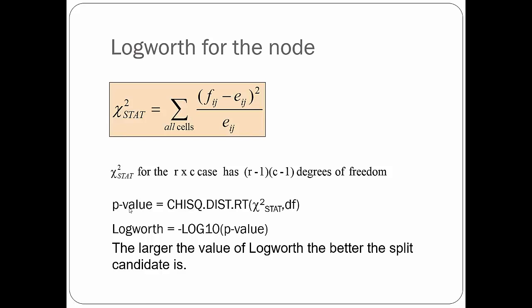So you put the p-value into a logarithm with a negative sign, and that is Logworth. So what happens is it has the opposite behavior: the smaller the p-value, the larger the Logworth. The purer the split, the larger the Logworth. As the Logworth increases, the purity increases.